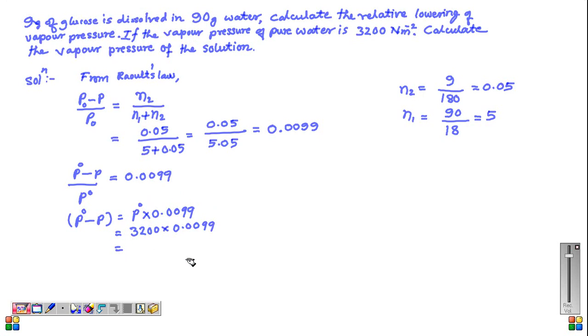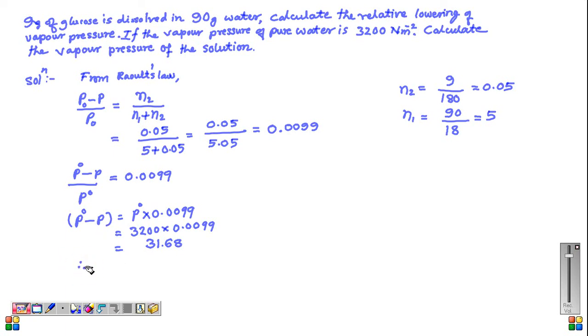Use the calculator, and its value is 31.68. This is P naught minus P, the lowering of vapor pressure.